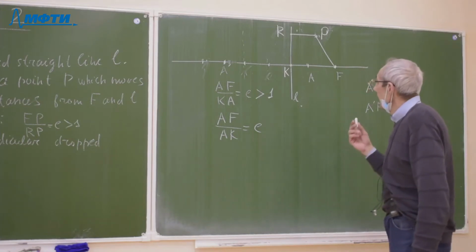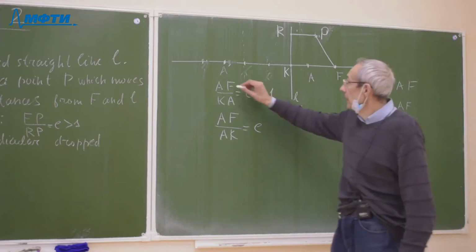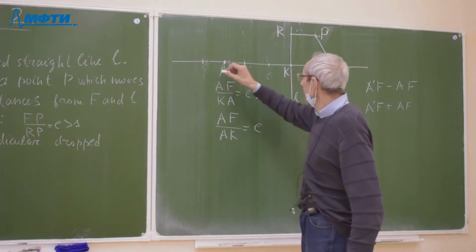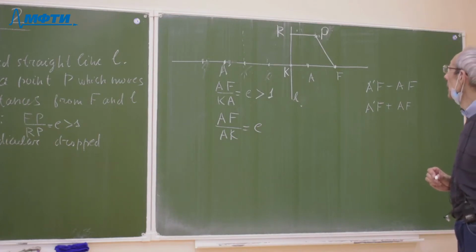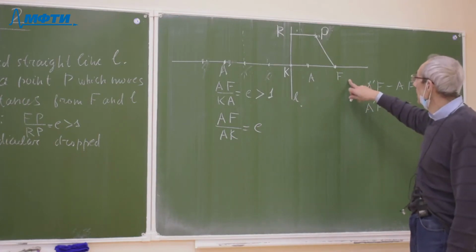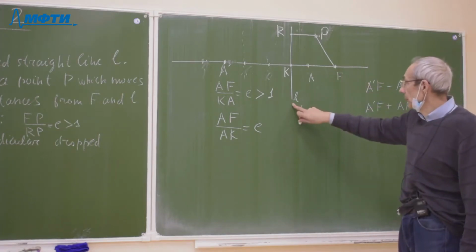Let's consider the other point A prime, which lies on the perpendicular passing through point A perpendicular to the straight line.